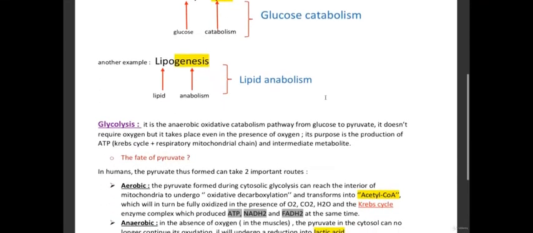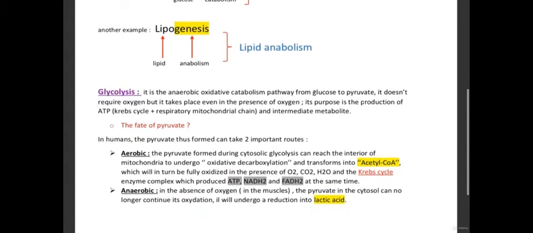What is glycolysis? It is the anaerobic oxidative catabolism pathway from glucose to pyruvate. I am going to explain this. It doesn't actually require oxygen, but it takes place even in the presence of oxygen.